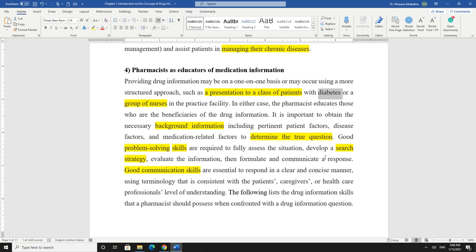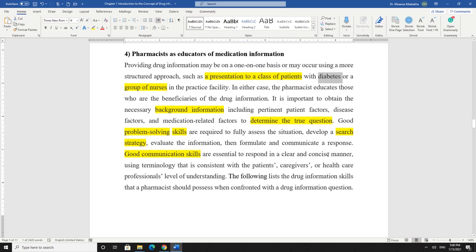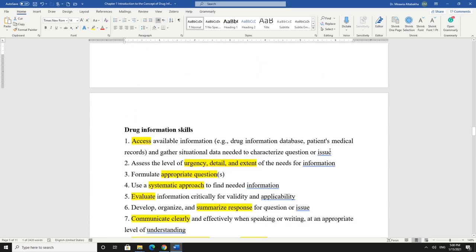So you should have a search strategy, and then when you get the information, and usually you might get it from more than one source, you need to compile them together and then respond. In order to respond you should have good communication skills and writing skills as well, because the response might be in a written format, not verbal. Okay.